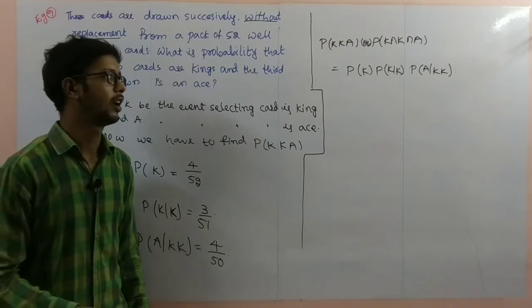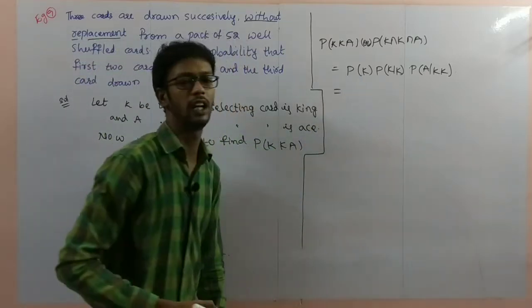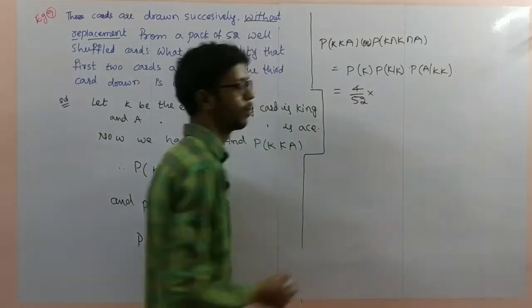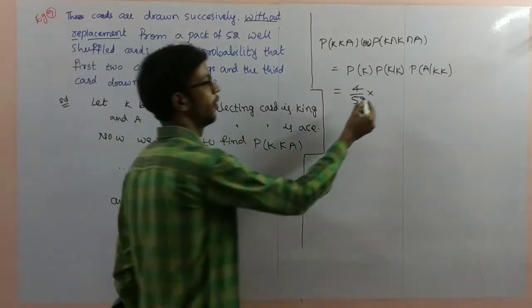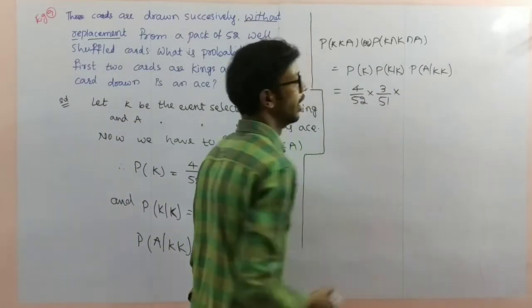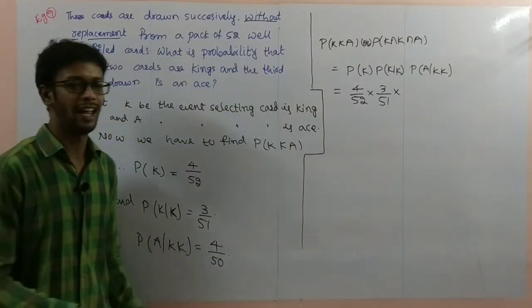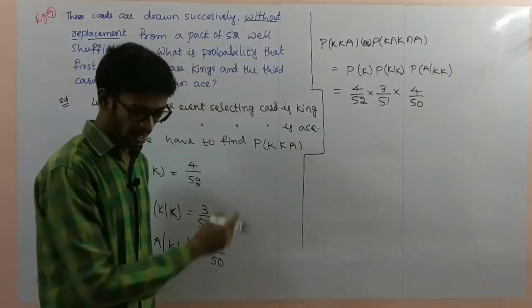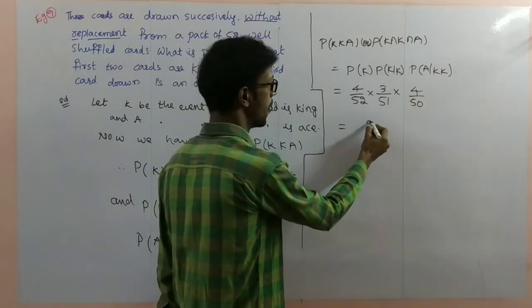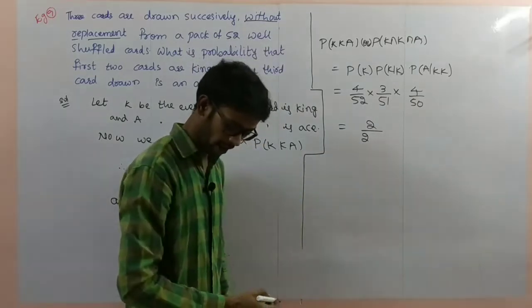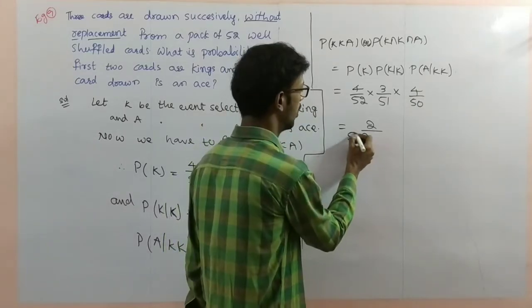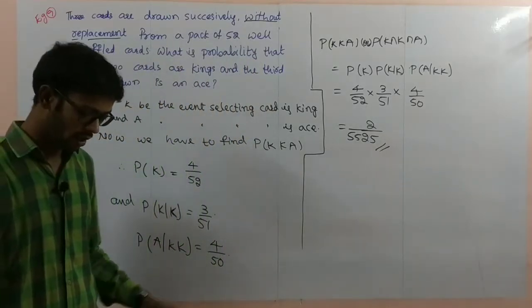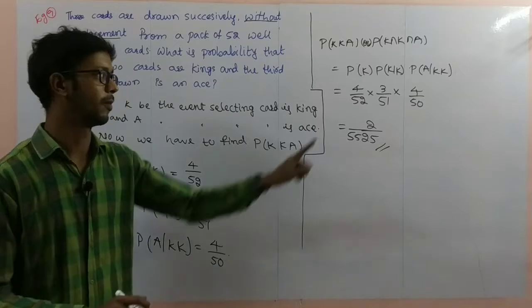So now you have to write: probability of K is 4 by 52, into probability of K by K, 3 by 51, into probability of A by KK, 4 by 50. If you make the total simplification here, you will get 2 by 5525.